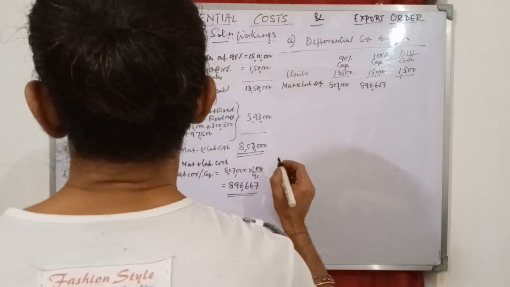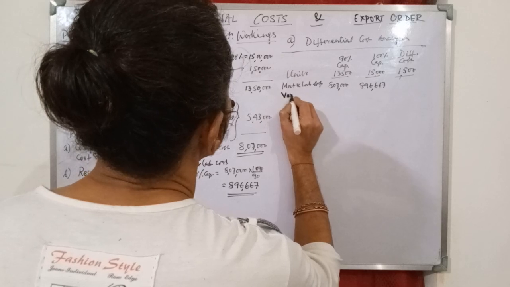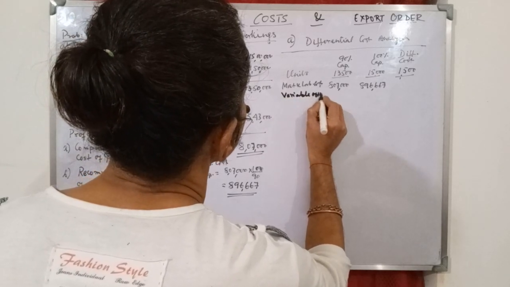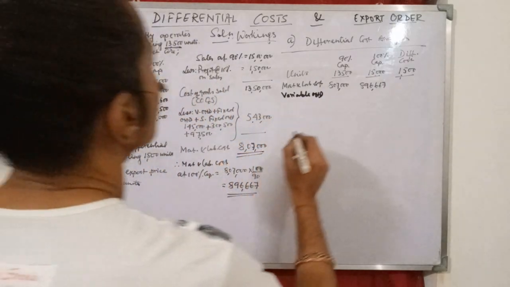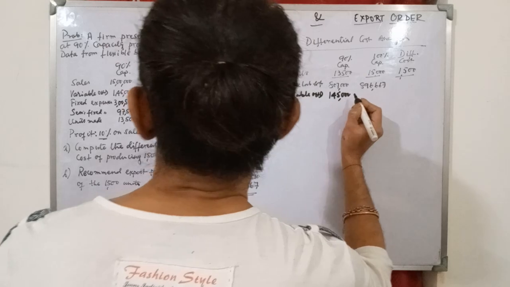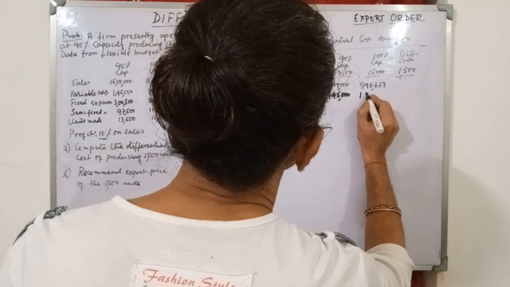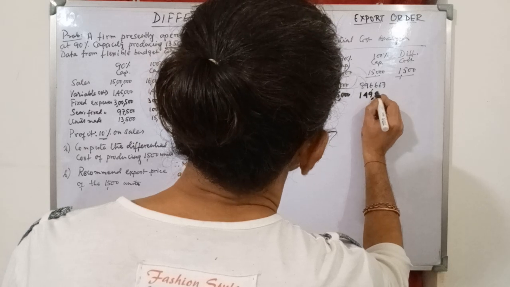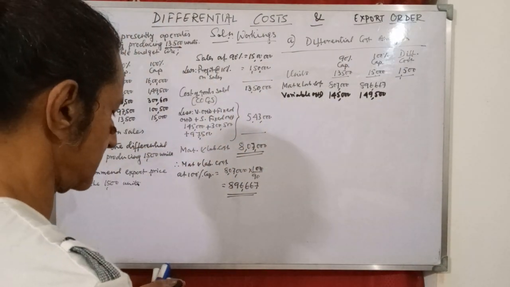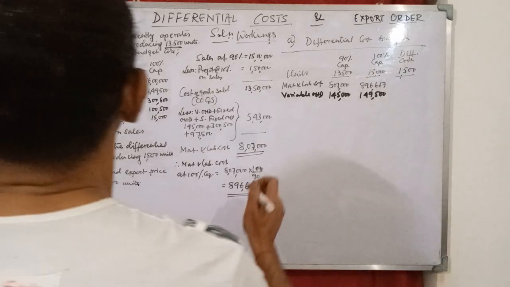Next, variable overhead. How much? 145,000 and here it is 149,500. Fixed expenses.